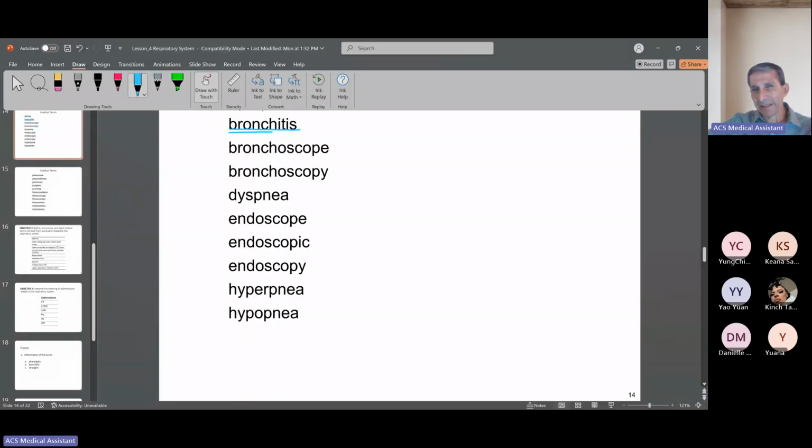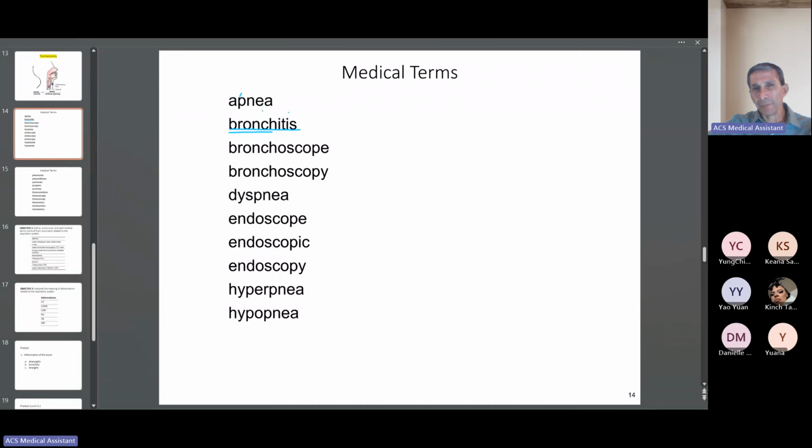Remember, itis means inflammation. And what is inflamed? Itis is the suffix. Bronch is the word root. So inflammation of the bronchus or the bronchi. Bronchi is a plural. Bronchus is a singular.